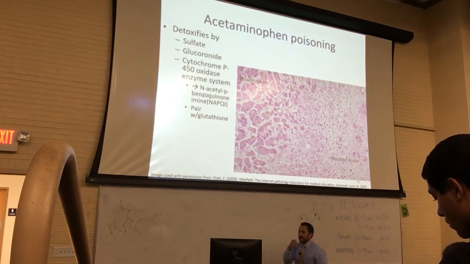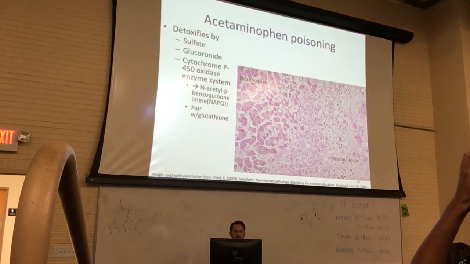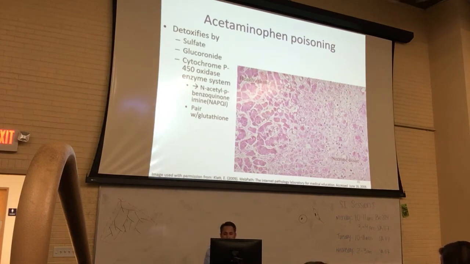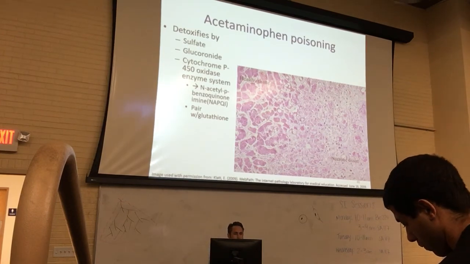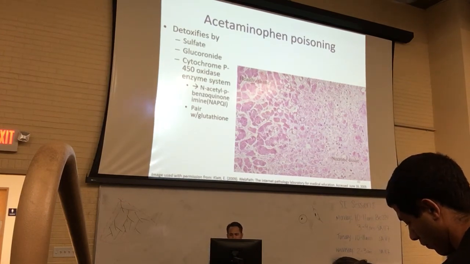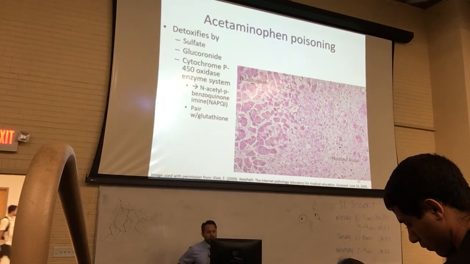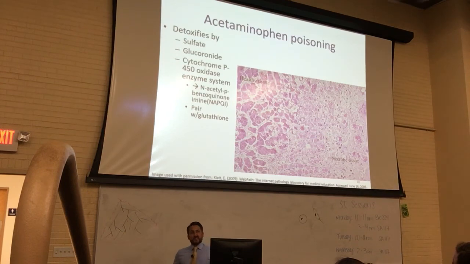And what's happening at the liver is the hepatocytes detoxify Tylenol through this process by conjugating it with sulfate. That's the main way that it detoxifies it, by binding it with sulfate. Secondly, it conjugates it with glucuronide.